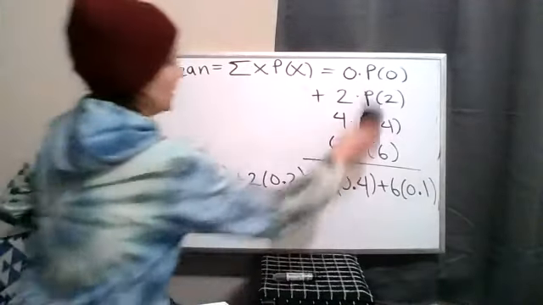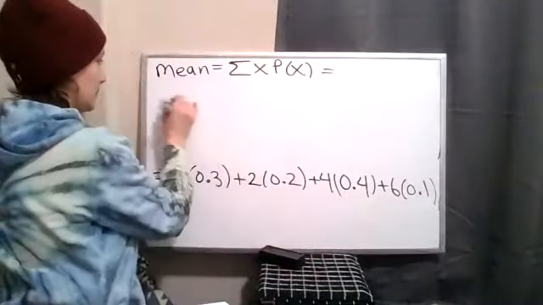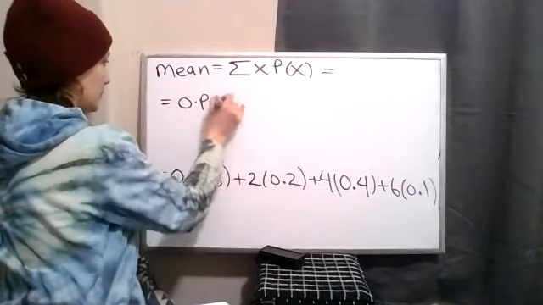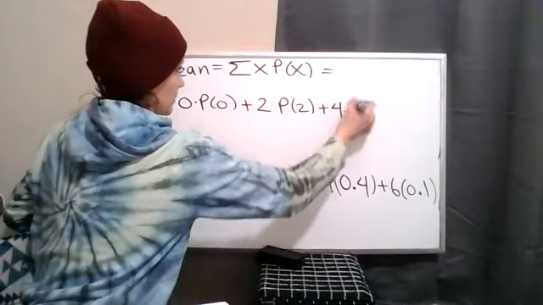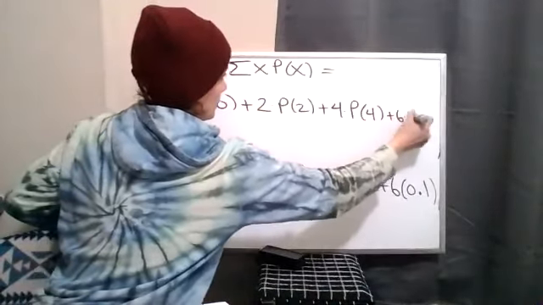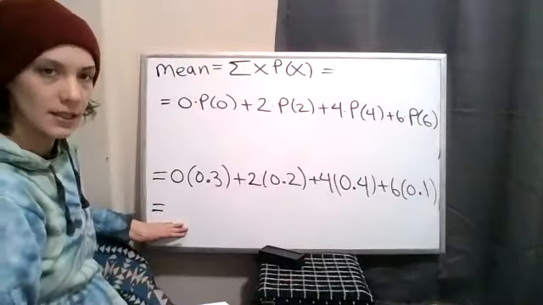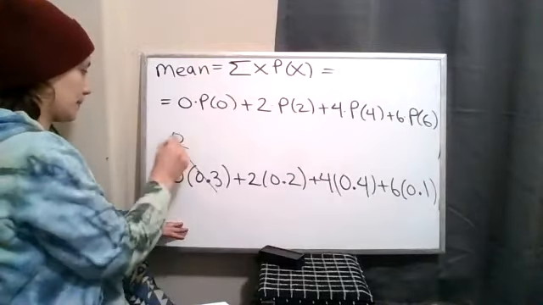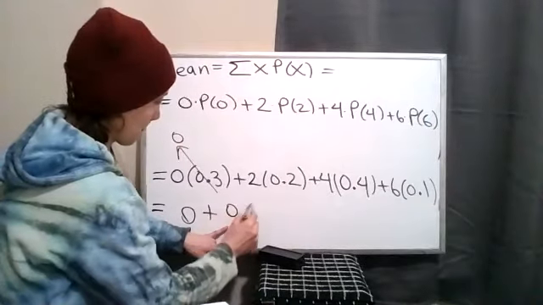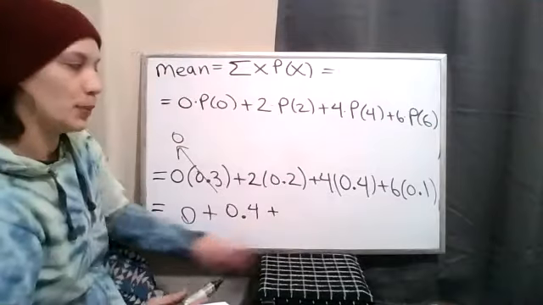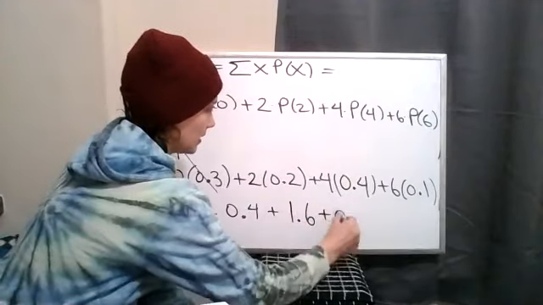Okay, I'm going to fix this. I should have just erased. Okay, so here to here to here, it's a 0 plus 0.4 plus 1.6 and 0.6.